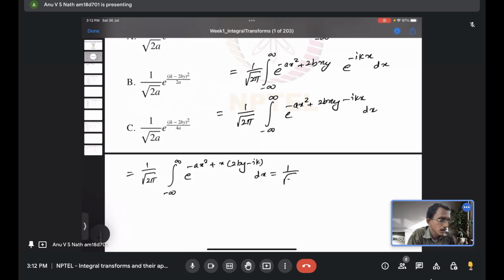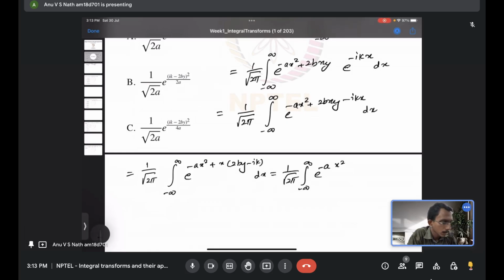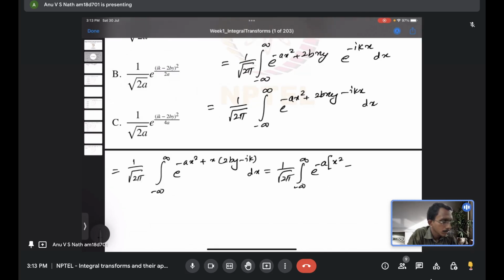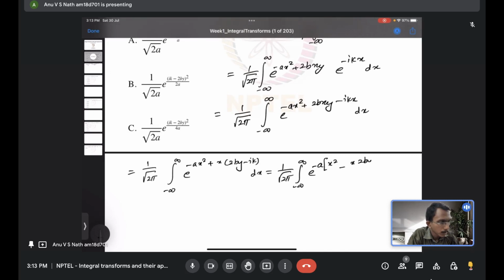Now we can take exponential of minus a outside and write minus x square minus x times 2by minus ik divided by a, into dx. I hope this is clear.